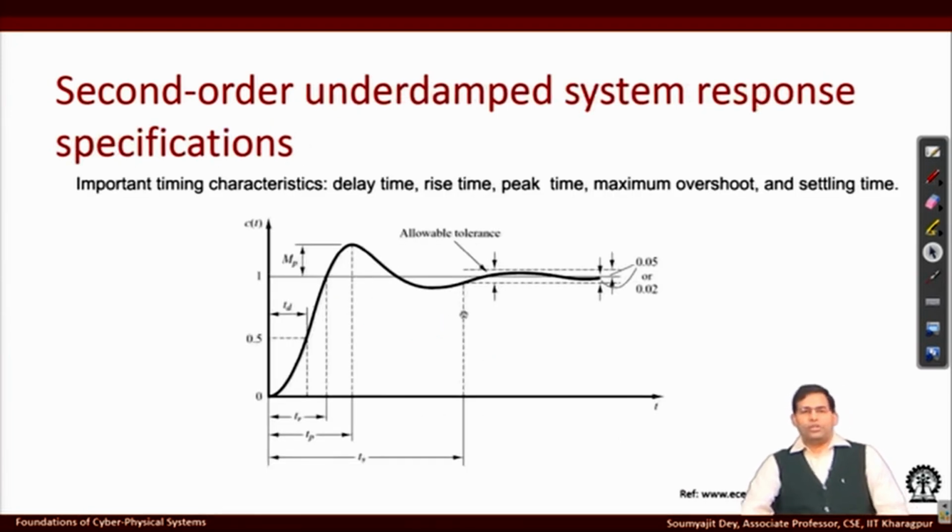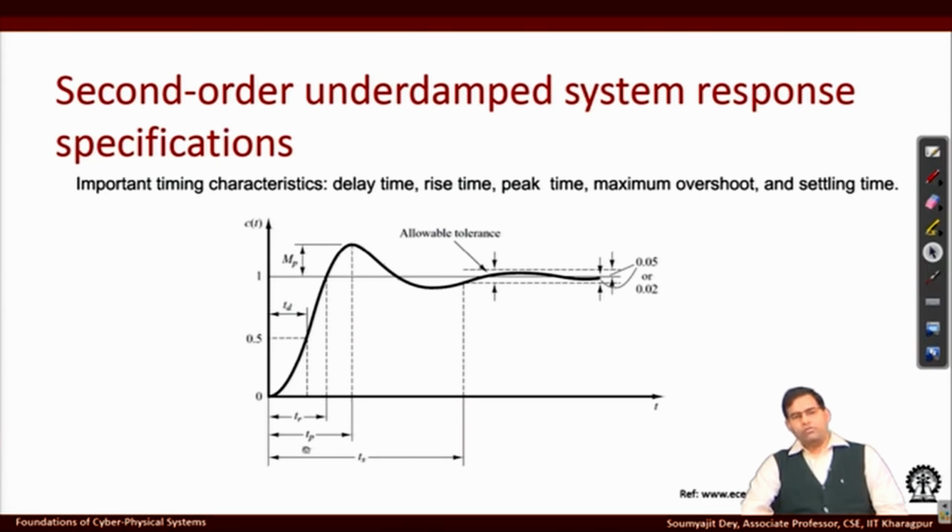Just like we talked about the step response of first order systems, if you look at the response of the second order system, you can similarly create some specifications, like the maximum overshoot. Let's say you are targeting this reference 1, and with respect to 1, the amount of overshoot at the maximum point is the maximum overshoot.